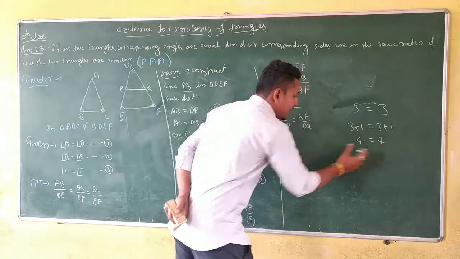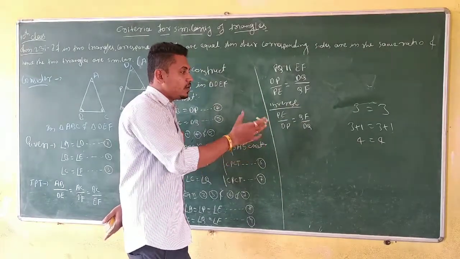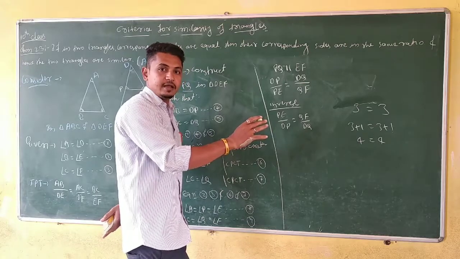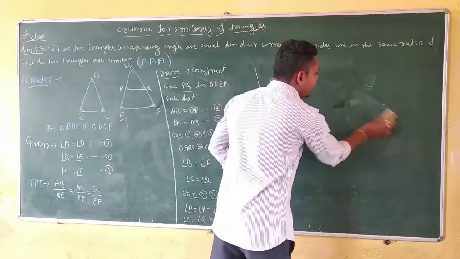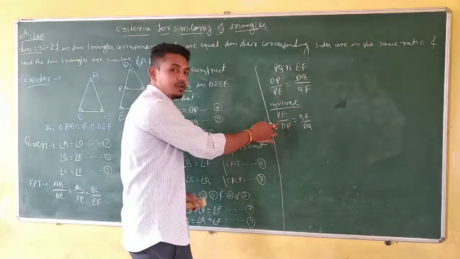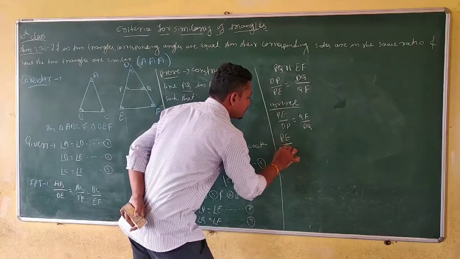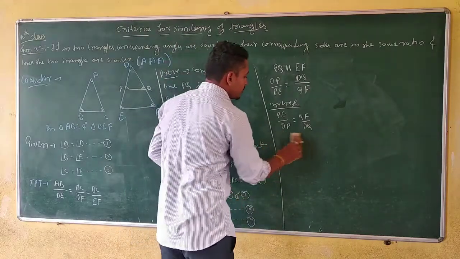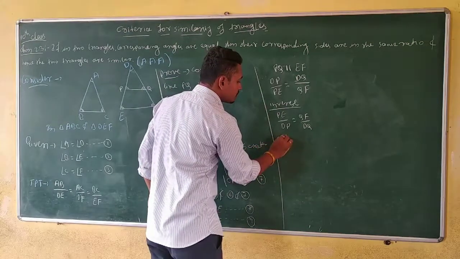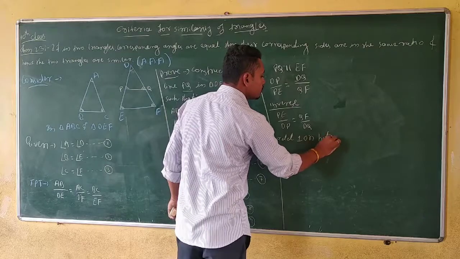Means both left hand side and right hand side are equal to each other, but their values don't change. So therefore we can add 1 on both sides.